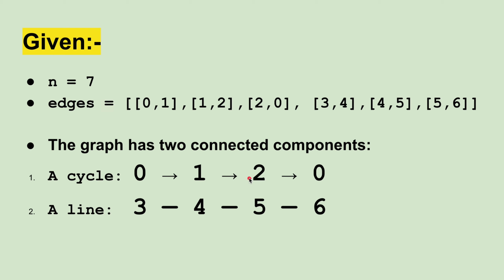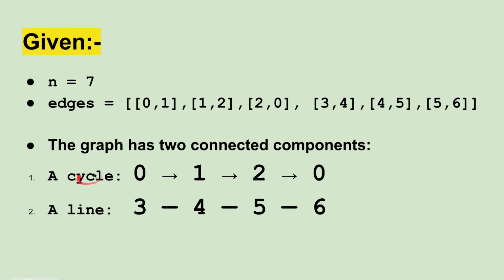Similarly for the line 3 4 5 6, we assign the value in such a way that the product of those edges is also large, but not as large as the cycle. Are you trying to understand or not?